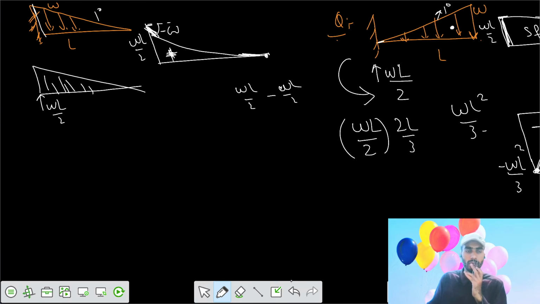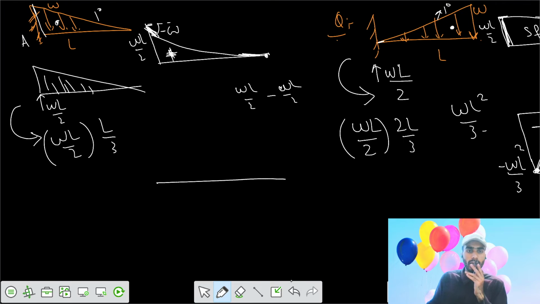And for the bending moment, the bending moment developed here would be the area of the triangle WL by 2, with the centroid acting at L by 3 from your support A. So your bending moment at A is anticlockwise.